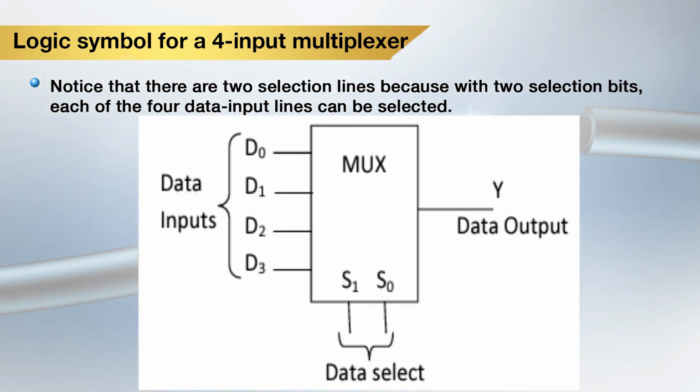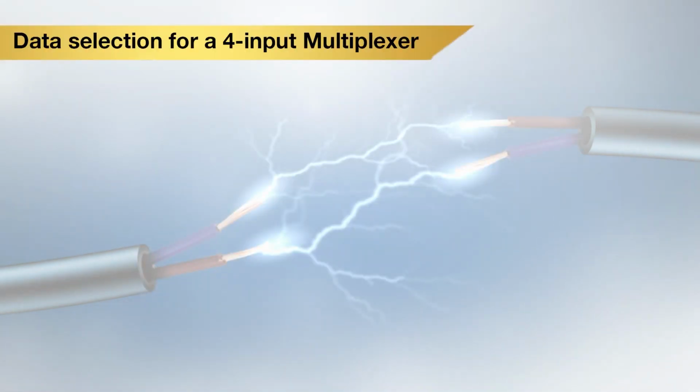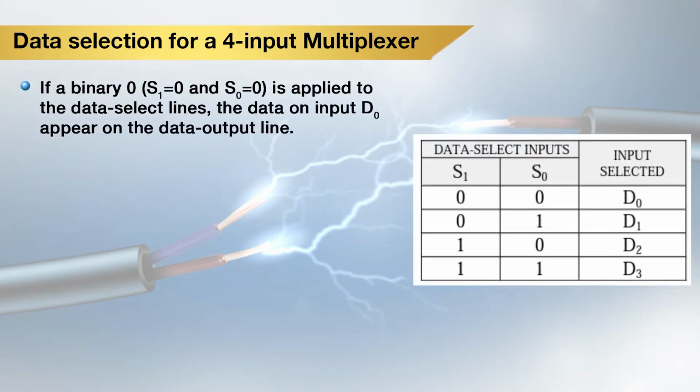given at the output. So, data selection for a 4 input multiplexer: if a binary 0, S1 equals 0 and S0 equals 0, is applied to the data selection lines, the data on the input D0 appears at the data output line.